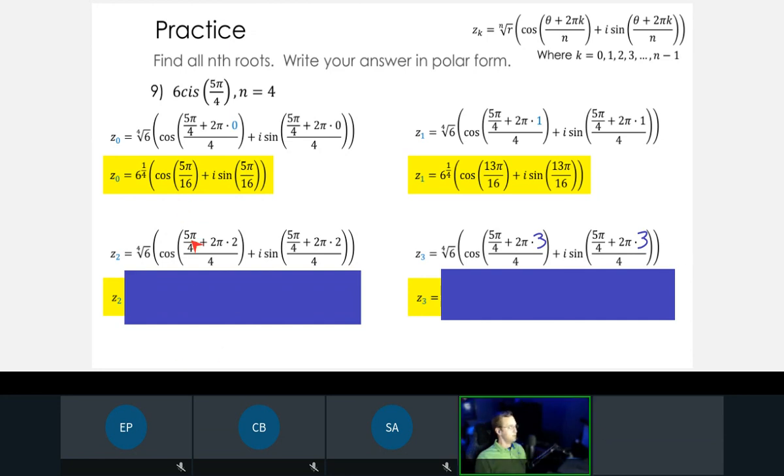Okay, typing in 5 pi plus 4 pi over 4, hitting enter, what do we get? So remember, we're just doing the part that's in parentheses.